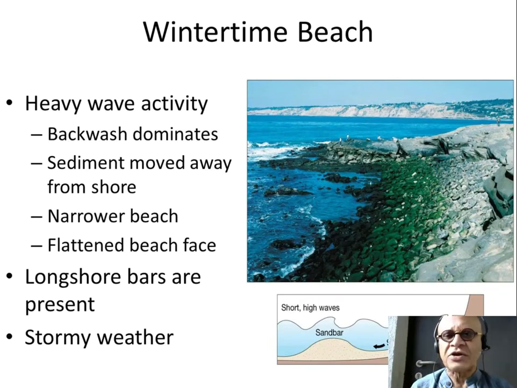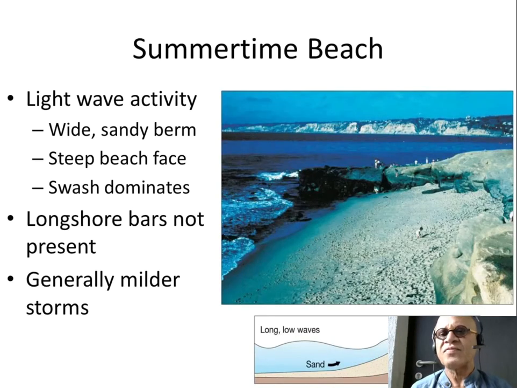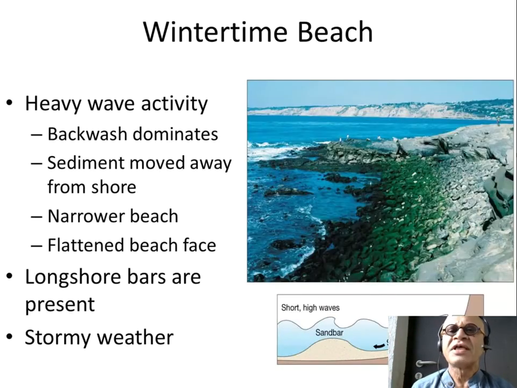Whereas in the winter, if you look at the exact same beach here in California, those cliffs you see are the California cliffs, and you can see that as we said before, the wintertime beach is going to be rockier because the wave activity is heavy, wave energy is heavy, and here the backwash dominates.